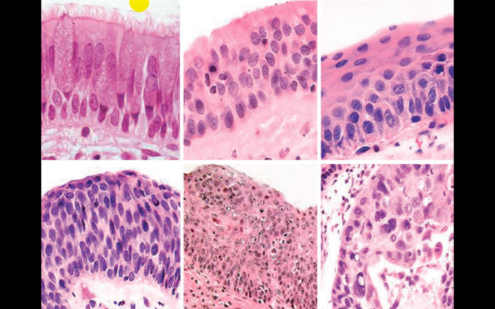And hence in the superficial most layer there is a cilia. Here is a cilia of the respiratory epithelium.